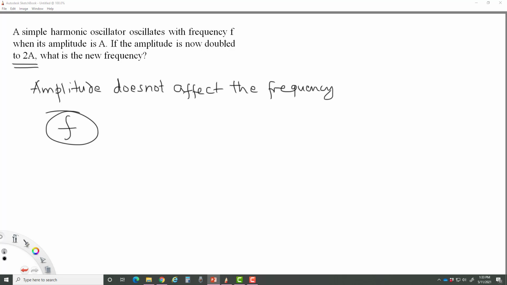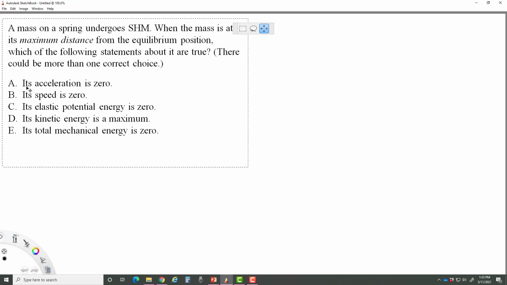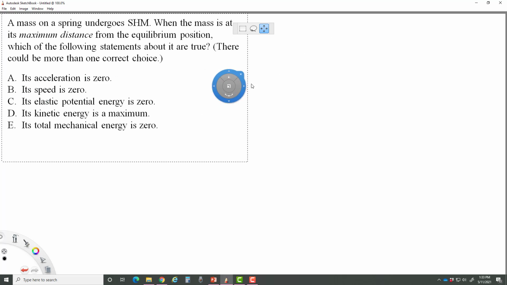Let's look at this question. We have this mass spring system that undergoes simple harmonic motion.